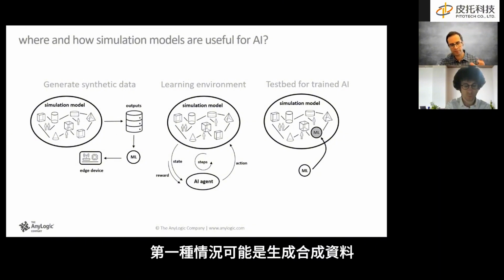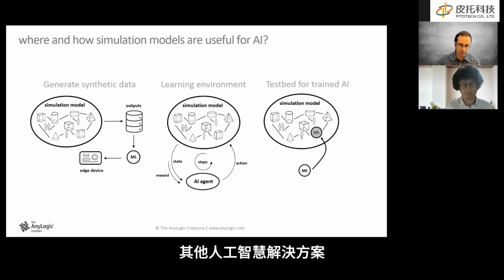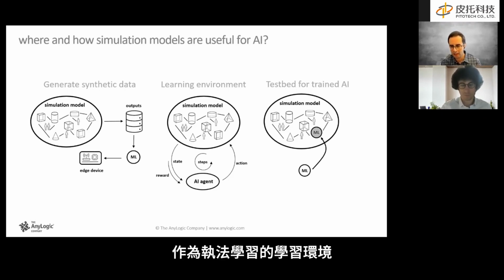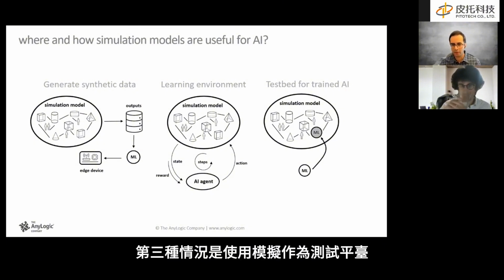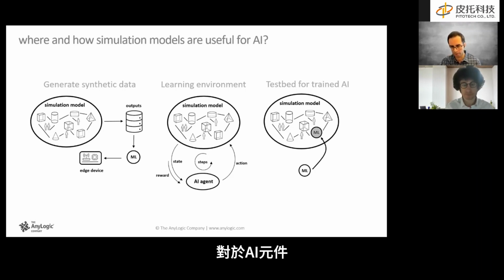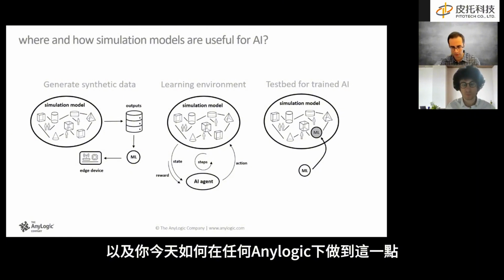We think that the first case could be generating synthetic data with simulation and then using it in some shape or form with other AI solutions. The second category of use cases would be using simulation as the learning environment for reinforcement learning. And the third case is using simulation as a test bed for AI components. For each of these, I will get into more detail and explain the different use cases, and Tyler will show us actual implementation of these things and how you can do it today in AnyLogic.